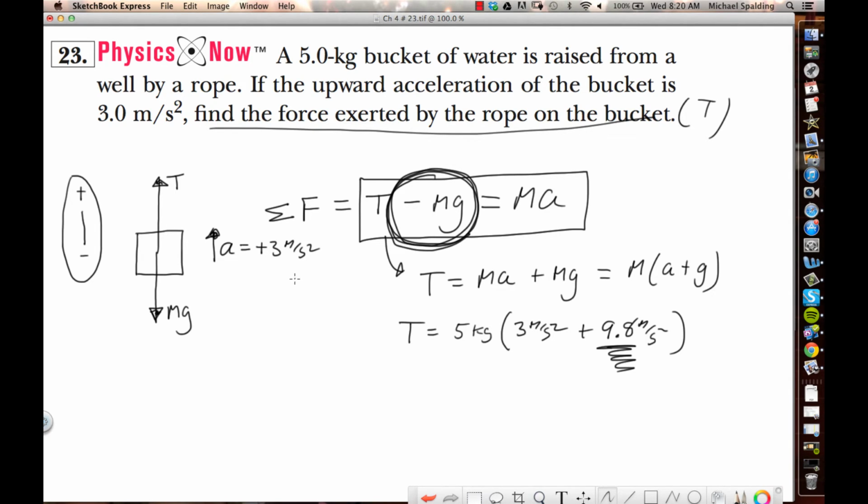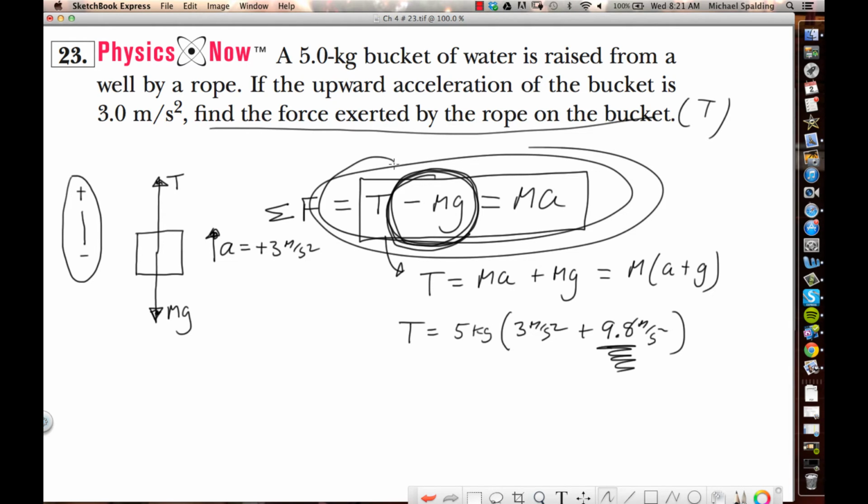A general rule: once you've summed the forces, you're done with sign conventions. We've already dealt with the sign conventions, plus, minus, right in here. So don't put in another minus down here, because then you've called gravity minus twice, which is the same as calling it plus. Does that make sense?